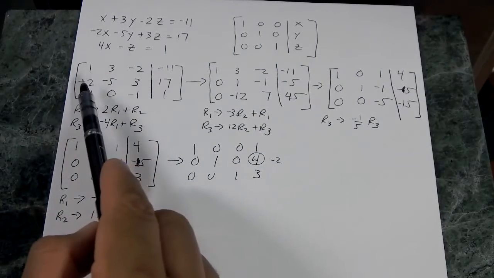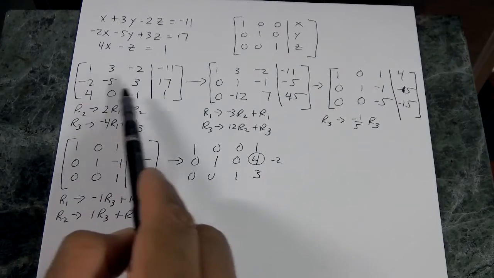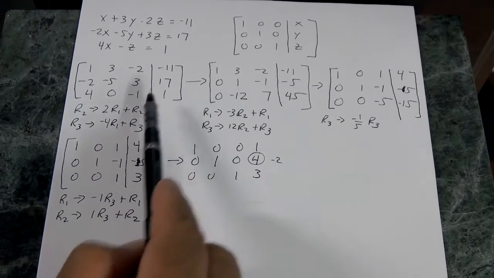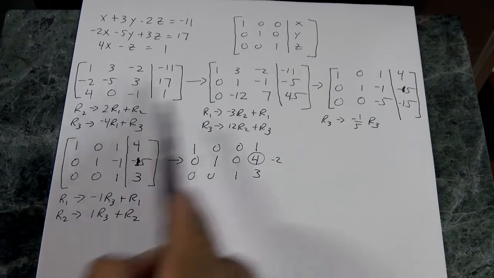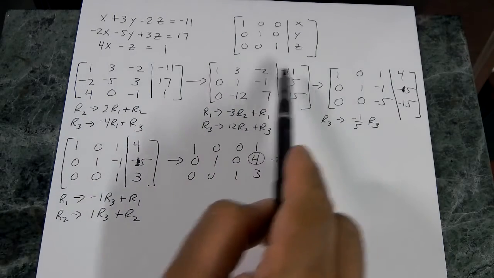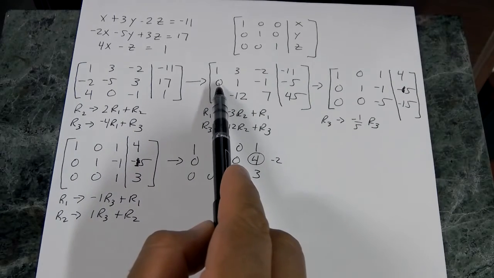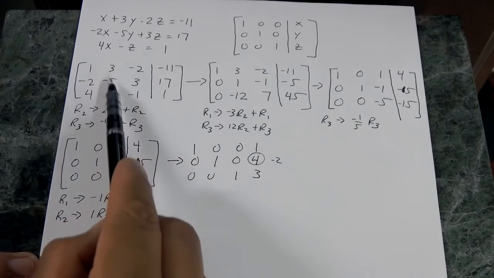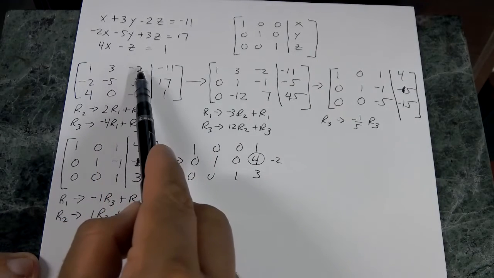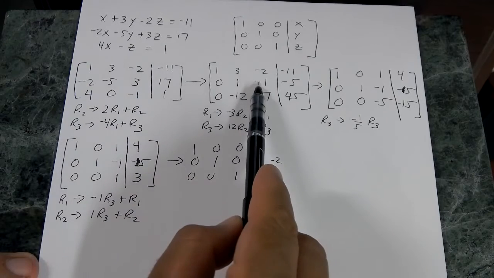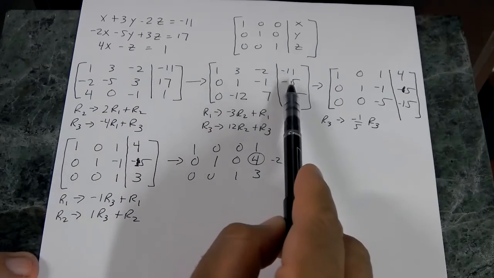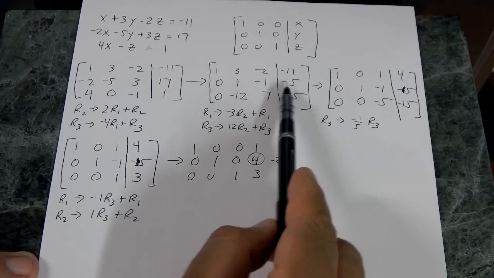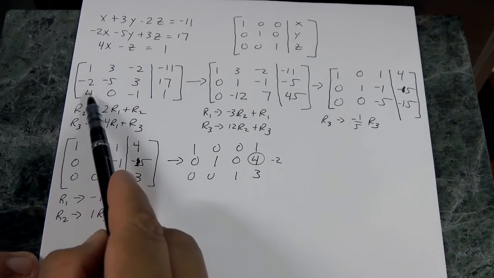Do I have the right signs? 1, 3, negative 2. This is what's going to happen, and it's okay. And this tells you what changes. Row 2 and row 3 changed, so I still have that. Row 2, 6, 4. This is a negative 1. This is negative 22, and 17 is a negative 5. Negative 4.